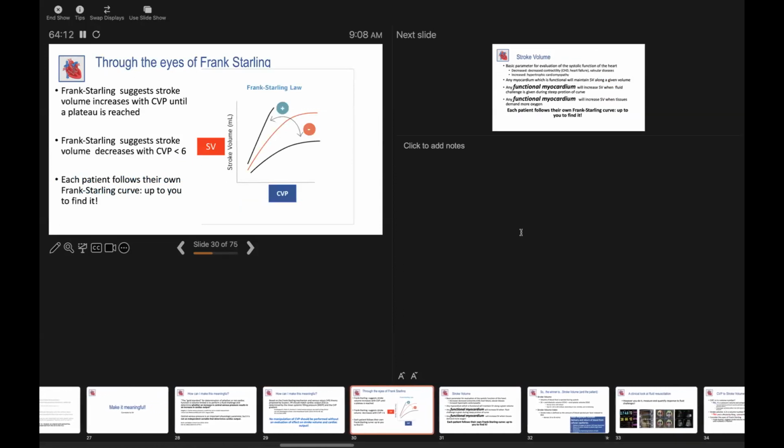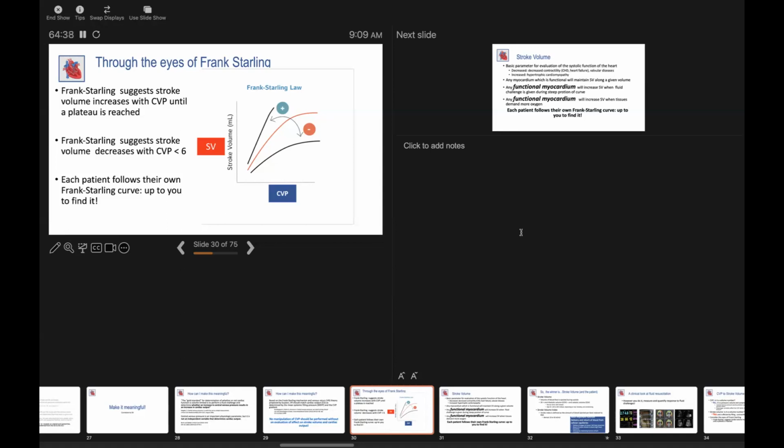Now, the way we talk about this is with the Frank-Starling law. So Frank-Starling means I'm going to look at CVP and stroke volume, and on the test, you will also apply this. You gave your patient 2 liters of volume, their CVP went from 10 to 11, and their stroke volume went from 30 to 40. Did your patient respond to volume?